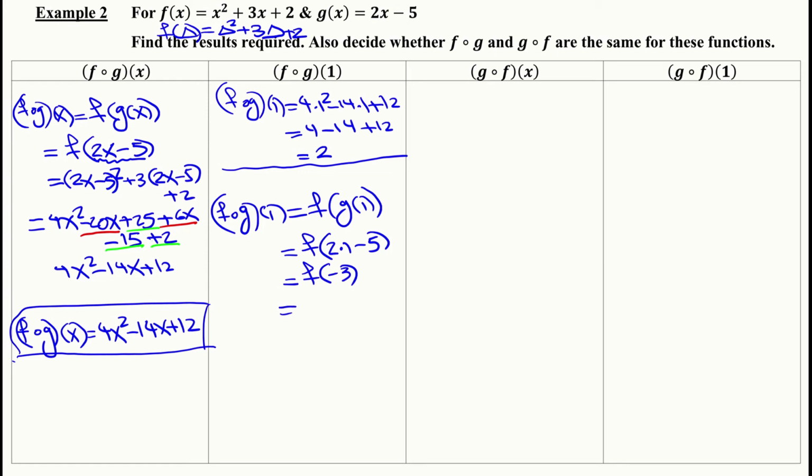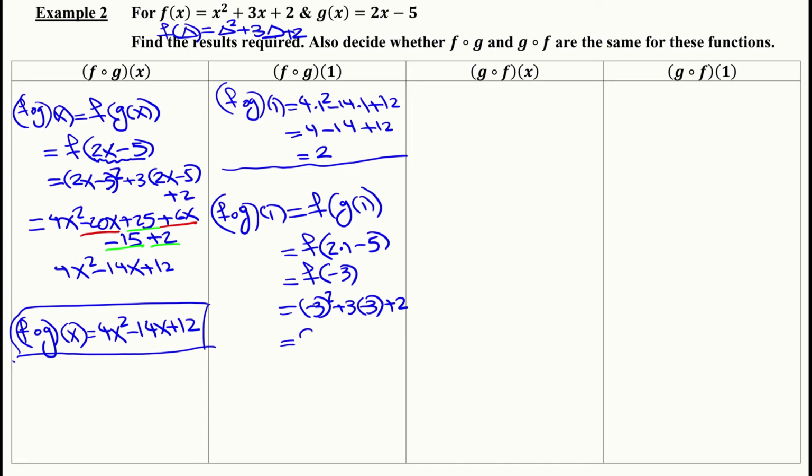So now it's time to go to f and compute it for input negative 3. Wherever we see x in this definition, we're going to put negative 3. So we get negative 3 squared plus 3 times negative 3 plus 2.